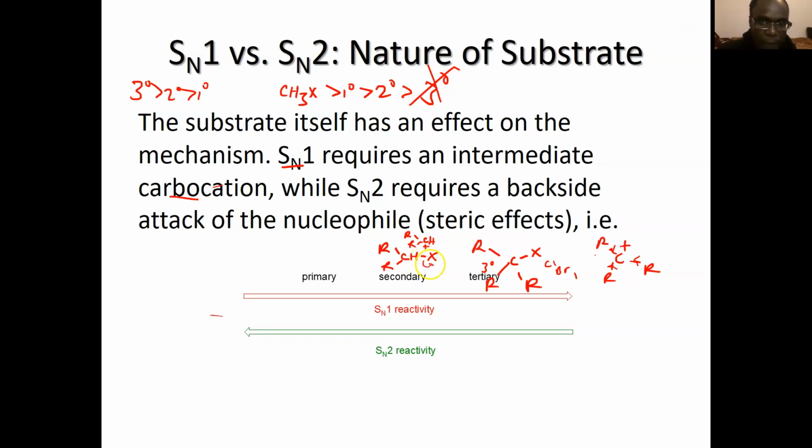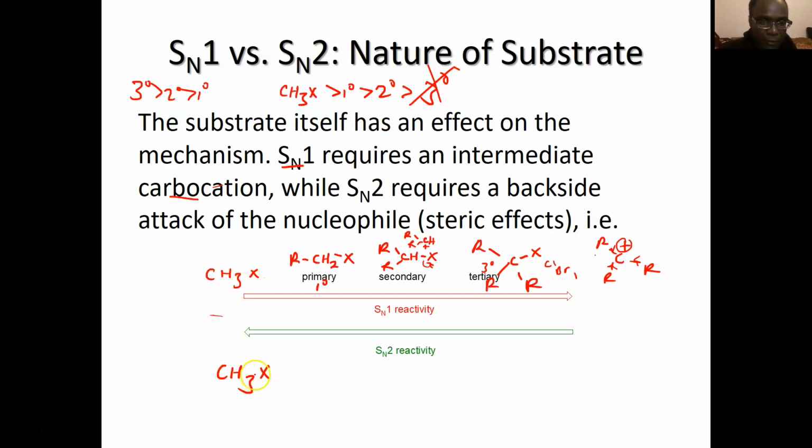Okay, once the leaving group falls off, to give you the carbocation, because that's what happens in SN1, is formation of carbocation. Carbon containing group bonded to carbon bearing the leaving group gives you a primary, because this carbon is bonded only onto one other carbon. And then of course the least reactive or non-reactive, of course, will be the methyl X, but it's going to be the reverse for SN2.